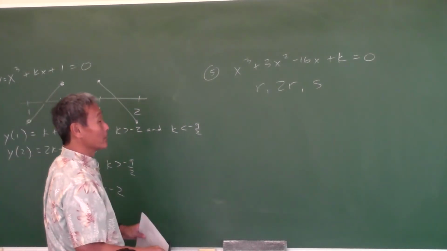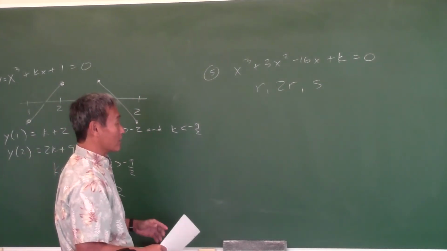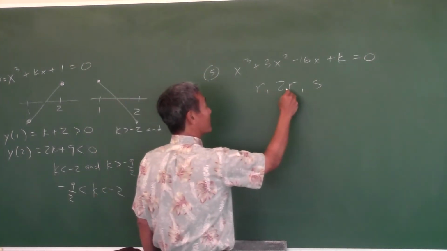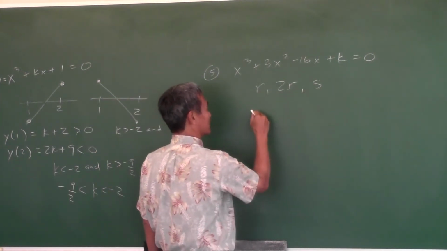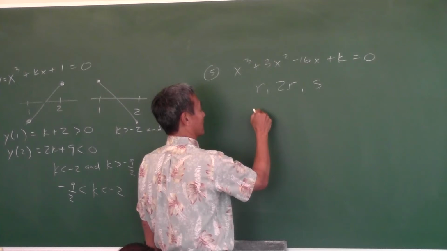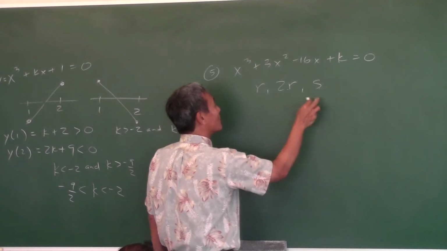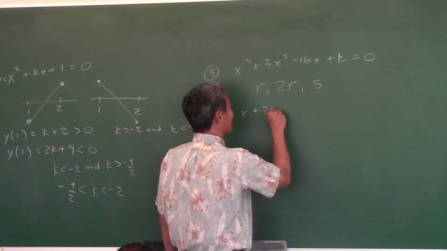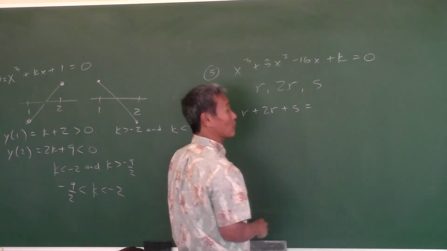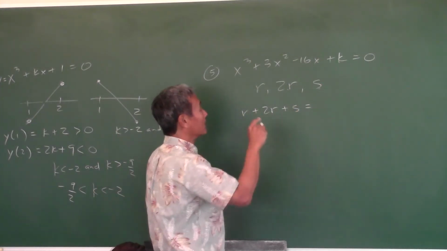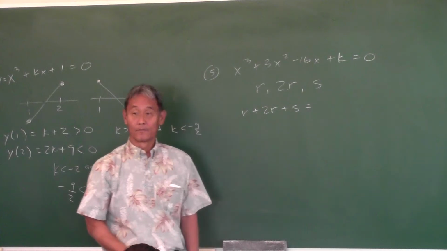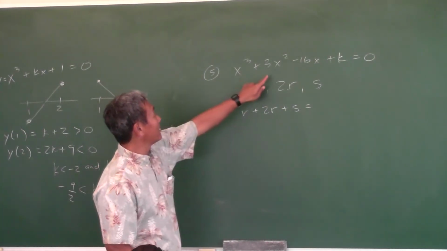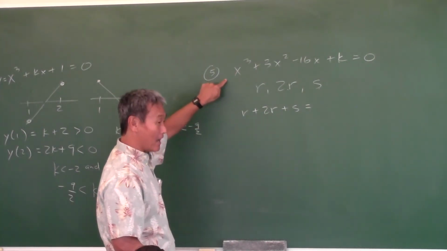Now, what did I tell you to do yesterday? Just start writing equations. The sum of the three roots will always be negative b over a.